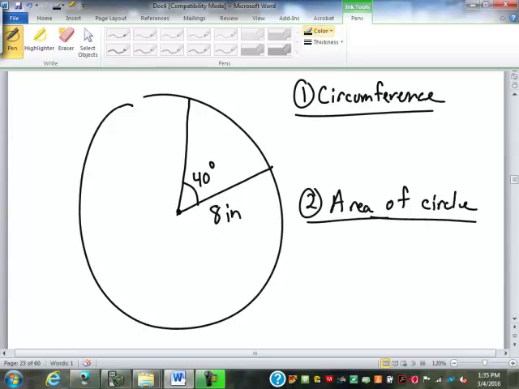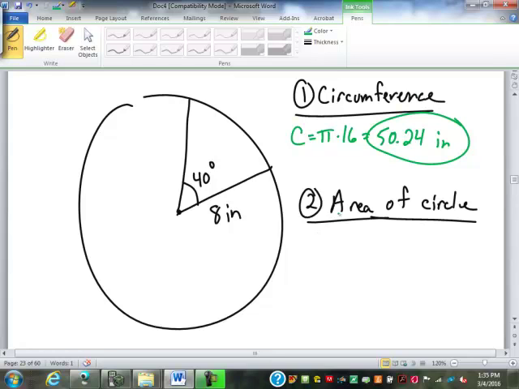What'd you get for circumference? Equals pi times 16, right? So if I use 3.14, I get 50.24 inches. If you use the pi key, you might get 50.26.